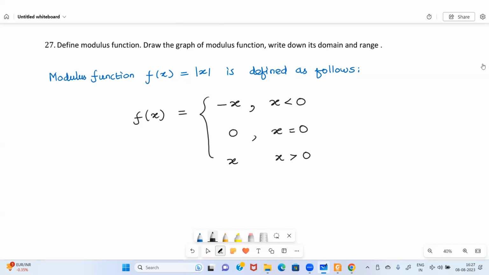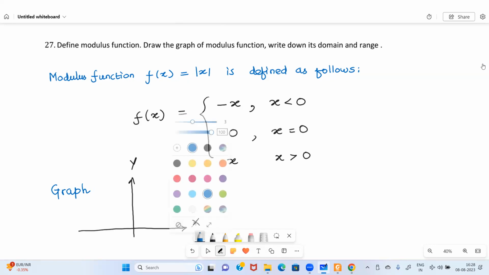That's the next thing. Graph of modulus function. Let's say this is your y-axis. This is your x-axis. Always remember, students, modulus function is a V-shaped graph.